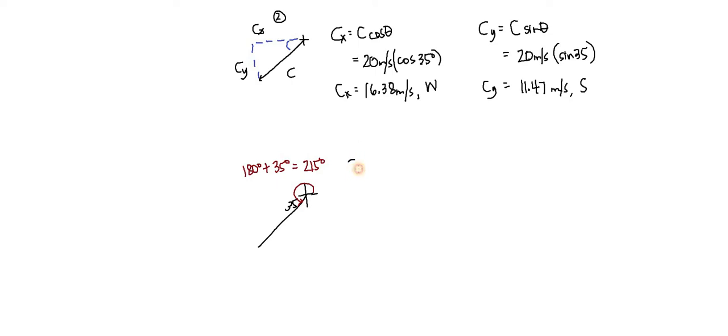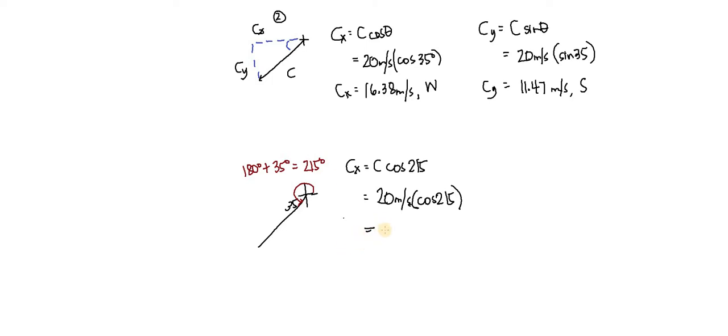Okay, try natin. C sub x is equal to C cosine of 215. Your C will be the same value, 20 meter per second. Multiplied by cosine 215 degrees. That will be 20 cosine of 215.